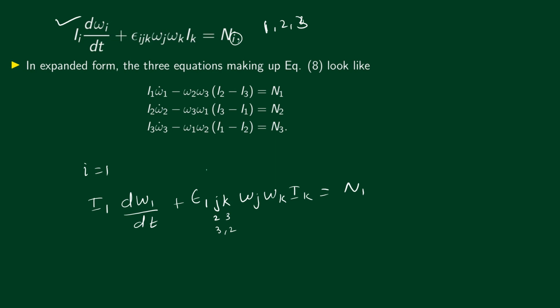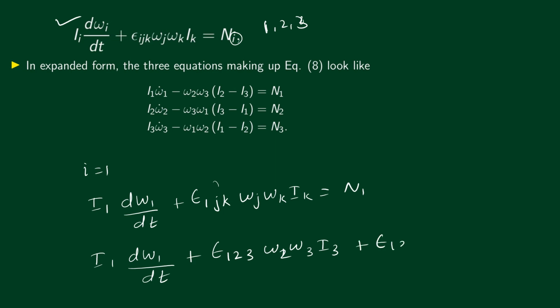So carrying out this summation over j and k and retaining only the non-zero terms, this equation becomes I1 d omega 1 by dt plus epsilon 123 omega 2 omega 3 I3 plus epsilon 132 omega 3 omega 2 I2 is equal to N1. All other terms in this summation are 0 by the property of the Levi-Civita symbol.